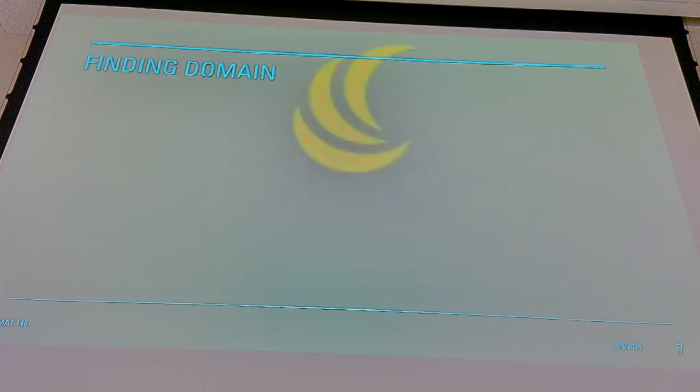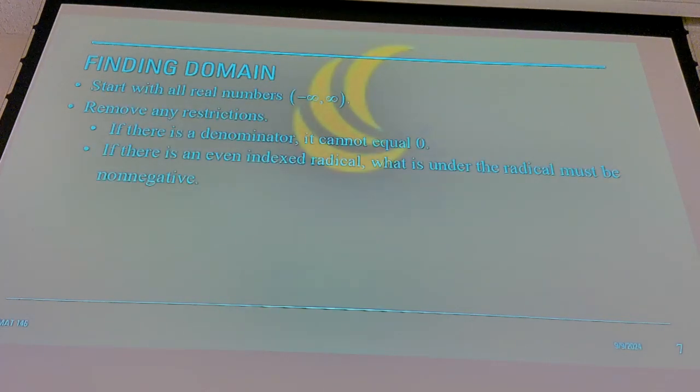That is an important distinction between non-negative and positive.